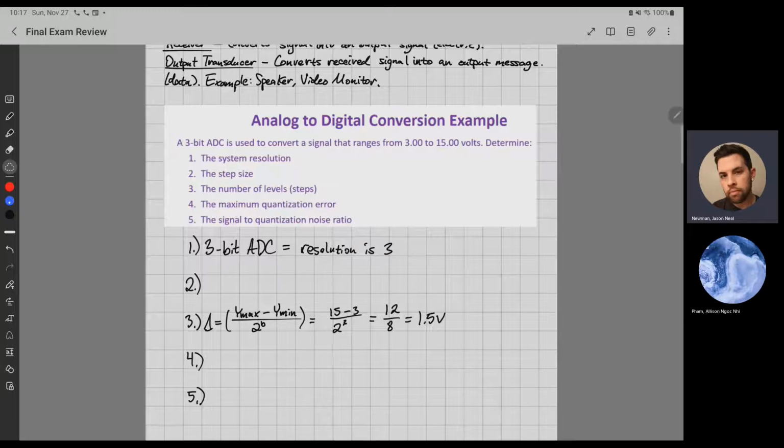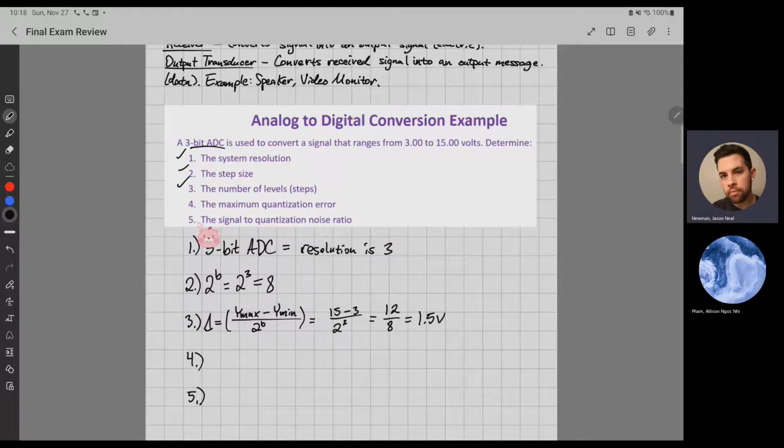The number of steps, or the number of levels, is 2 to the b. In this case, 2 to the 3, because we have a 3-bit ADC and b is the number of bits, so that equals 8. Sorry about that loud car, I have a lot of those around here. So that would be the step size. We got this, and then we got this.